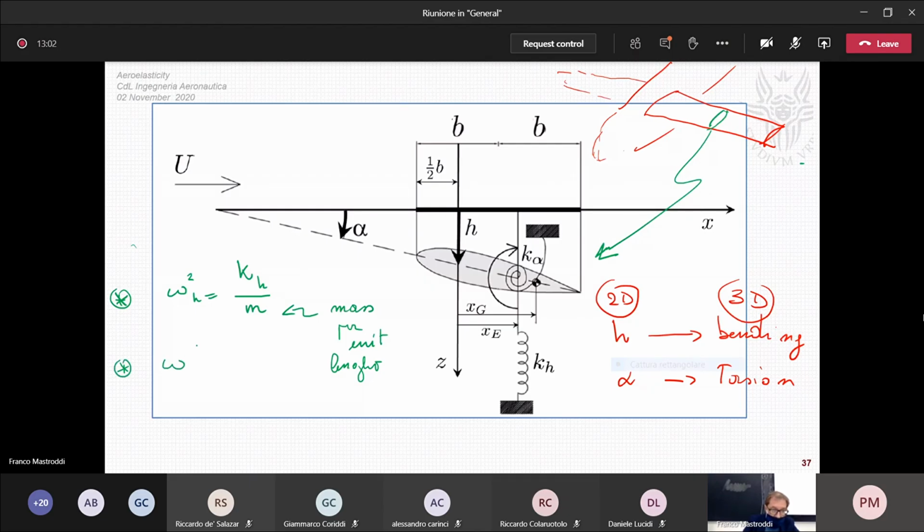Also we have another frequency like omega square alpha, and this is the ratio between K_alpha, which is the stiffness of the rotational spring, and J_alpha, which is the moment of inertia of the section per unit length, again.